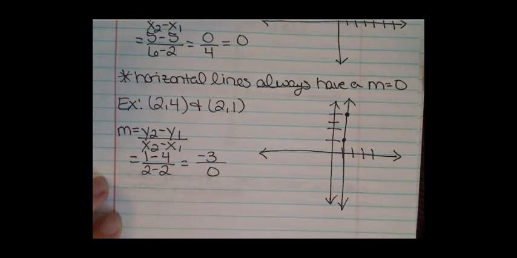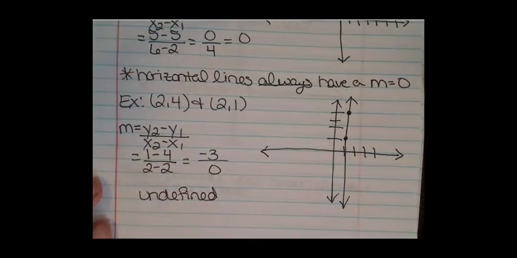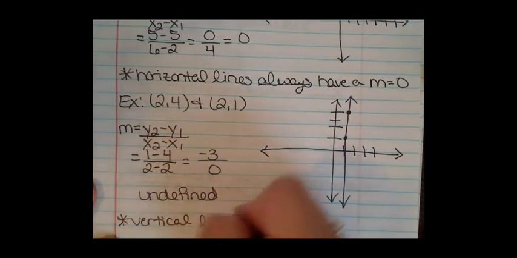Are we ever allowed to divide by 0? No, we can't divide by 0, so that means our slope is undefined. And that means vertical lines always have an undefined slope.